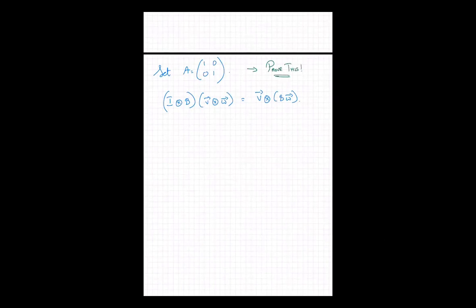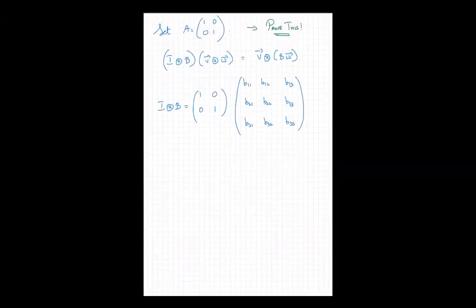Okay. So again, how do you calculate the 6 by 6 matrix I cross B? I is the 2 by 2 unit matrix, and B is some mapping B11, B12, B13, B21, B22, B23, and B31, B32, B33. What is this equal to?